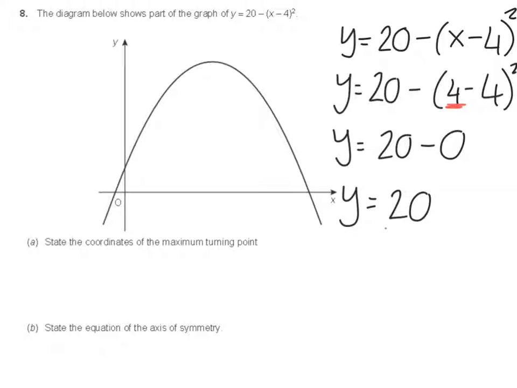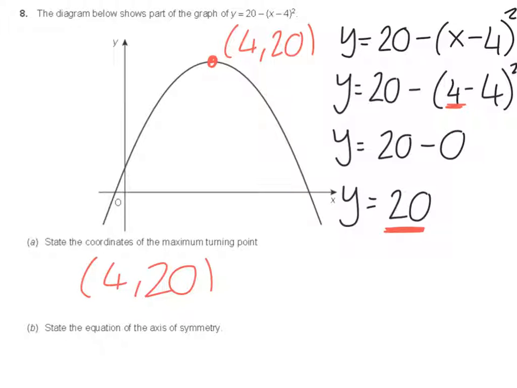So that is the y value of our turning point that goes with the x value already mentioned. So our turning point up here at top will have coordinates 4, 20. That's what the first part asked for, so that's the first part answered.